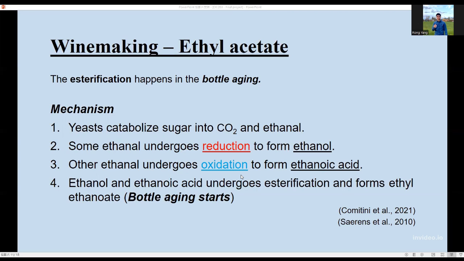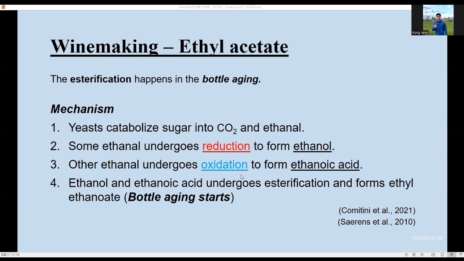Some ethanol undergoes reduction and becomes ethane. Other ethanol undergoes oxidation to form ethanoic acid. Now the ethanol and ethanoic acid undergo esterification and form ethyl ethanoate.